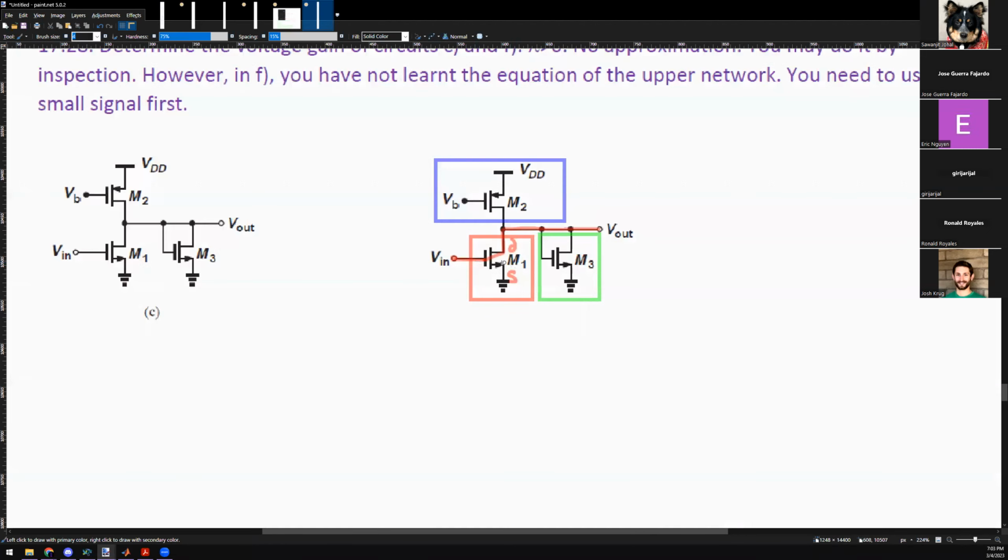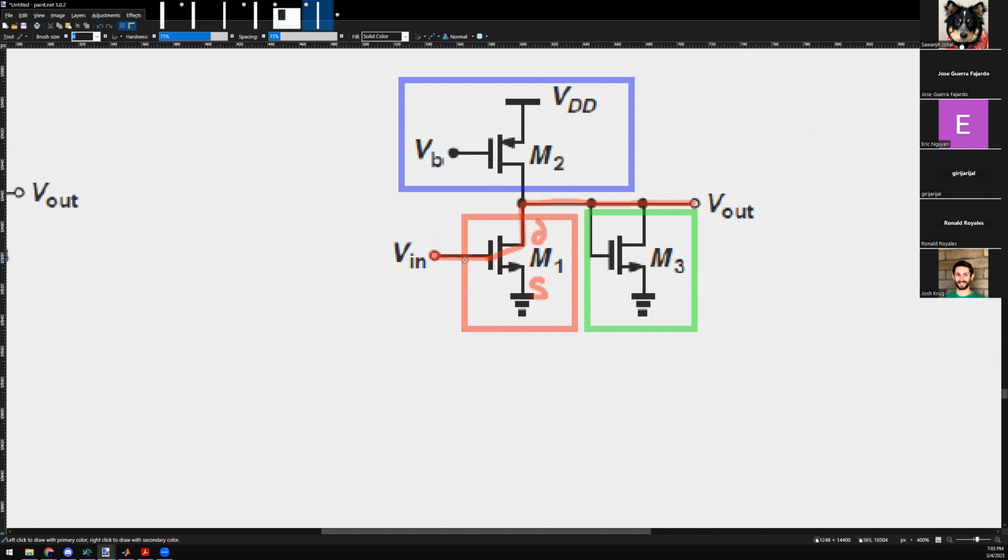So basically every single time, you see how the signal goes in through the gate and out through the drain? So what does it not touch? The source. So what do you call this? Common source. Got it? As simple as that? Yes.